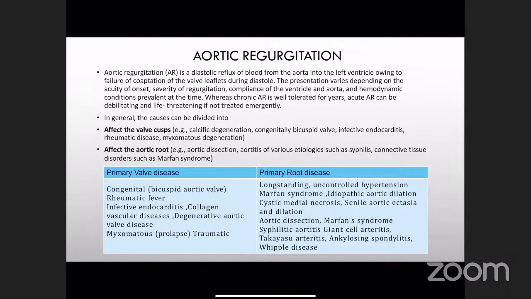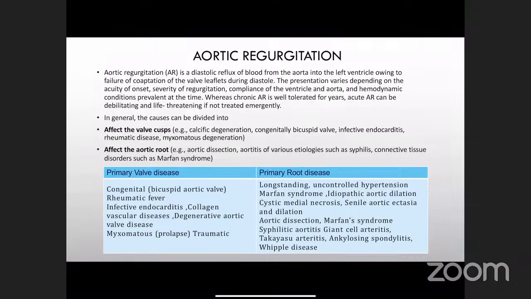In general, the causes can be divided into those affecting the valve cusp and those affecting the aortic root. Affecting the valve cusp: degeneration, congenitally bicuspid valve, infective endocarditis, rheumatic disease, and myxomatous degeneration. At the level of the aortic root: aortic dissection, and aortitis of various etiologies such as syphilis, and connective tissue disorders such as Marfan syndrome.